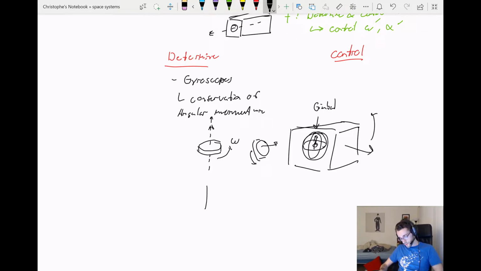So say that's the direction of the gyroscope, we'll mark that with a G. And then we have our satellite attitude.